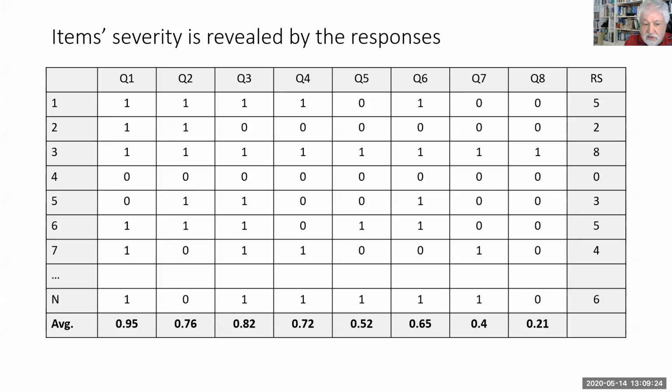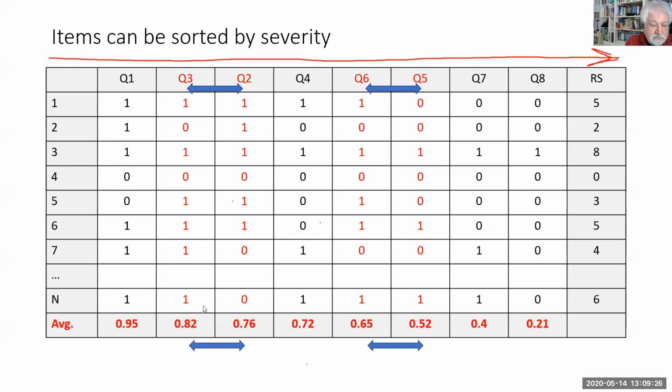And in this example, we found that the order would be question 1, then 3, then 2, then 4, then 6, then 5, then 7, and 8. And this is by looking at the share of the respondents who said yes.